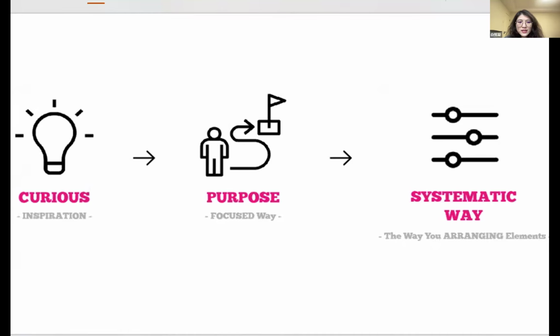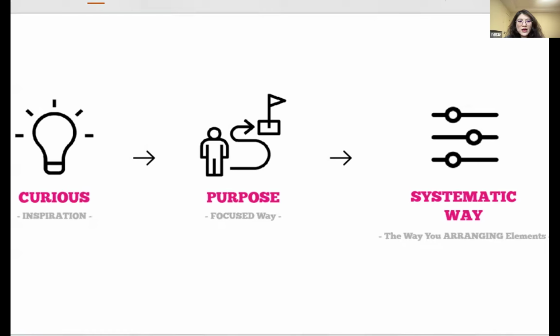Curiosity is a thing that inspires you and directs you to the research, because only when we are curious about something do we want to know it. The purpose is like the goal.